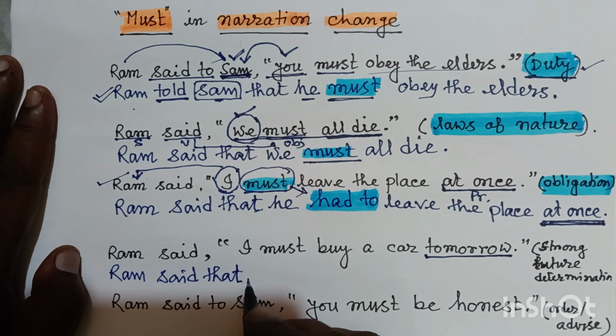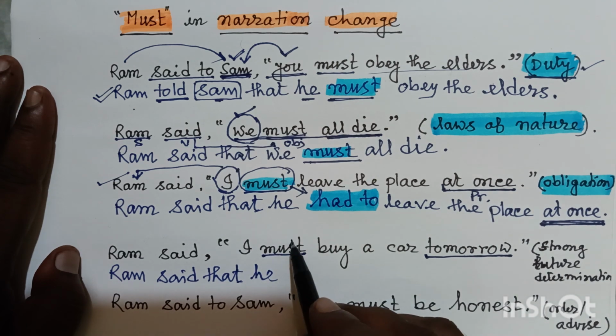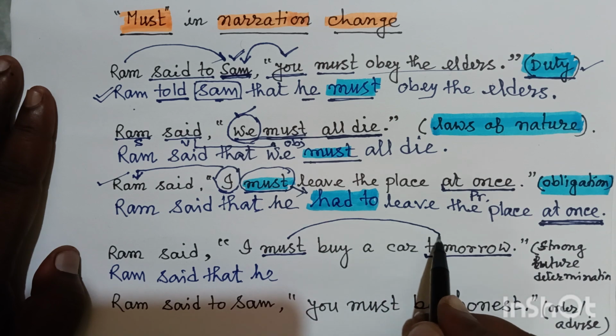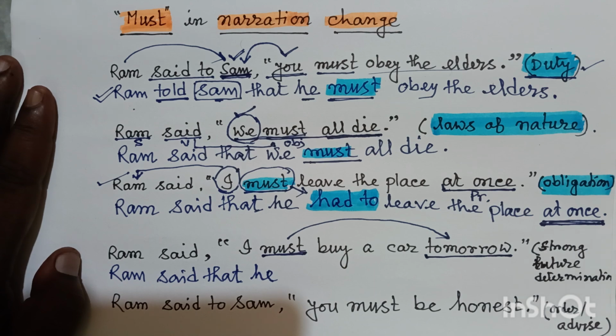So I becomes he. Now friends, think about the word must. It is representing the time future. So we have to use such kind of words that can convey the future meaning.